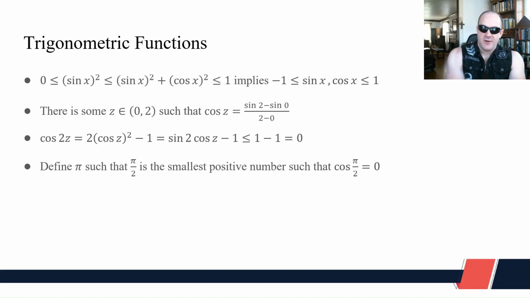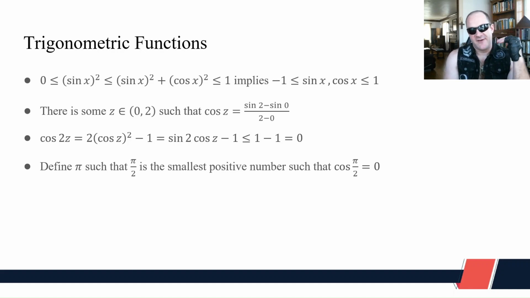So again, we know that cosine of 0 is 1, and we know that the function is continuous because it's differentiable. We know it's continuous, which means you don't have a bunch of zeros of cosine accumulating near x equals 0.